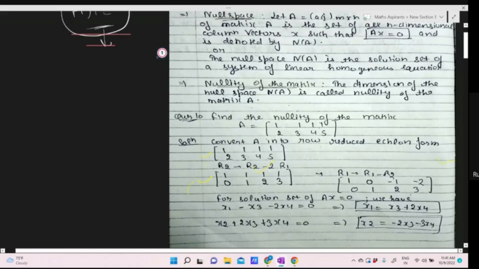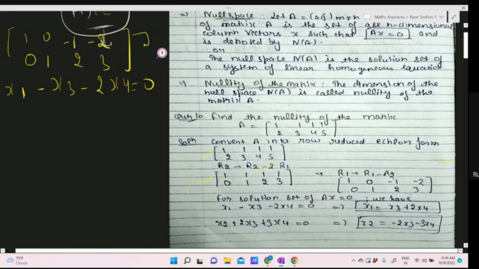Now for the solution set of Ax equal to 0, we must have x1 minus x3 minus 2x4 equal to 0. After writing this into the system, we will have x1 minus x3 minus 2x4 equal to 0, x2 plus 2x3 plus 3x4 equal to 0.